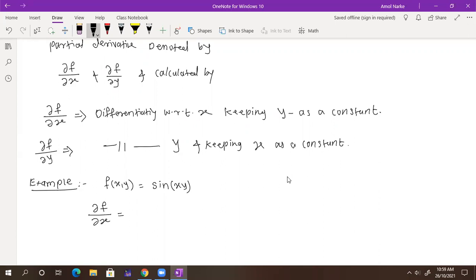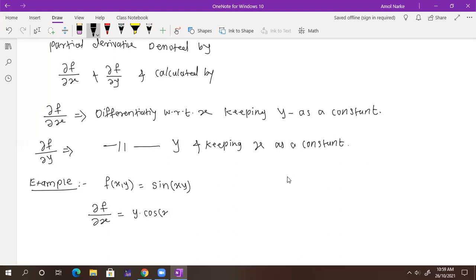Simple example. Tell me. cos xy into dy by dx. Okay. Any other one? Y cos xy. Okay, here it is y cos xy.